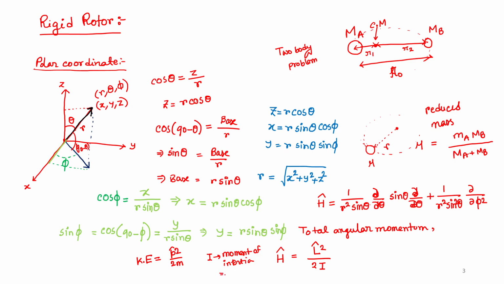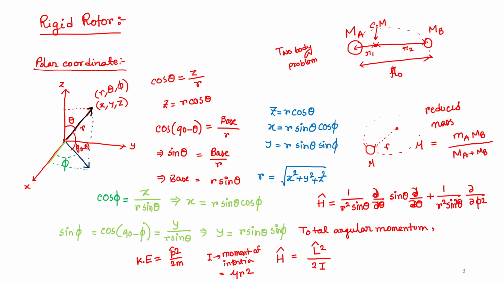So that is actually equal to mu r square. This mu is the reduced mass, and r is the radius of gyration. So mu r square is my moment of inertia. So I can also get an expression for my total angular momentum from the Hamiltonian, as you can see.